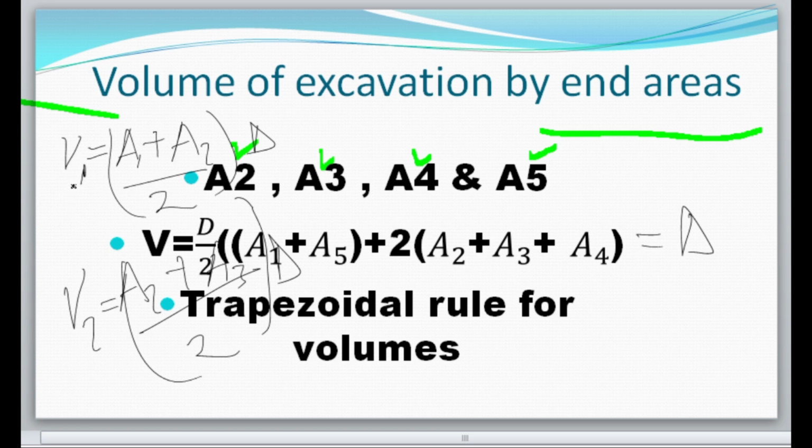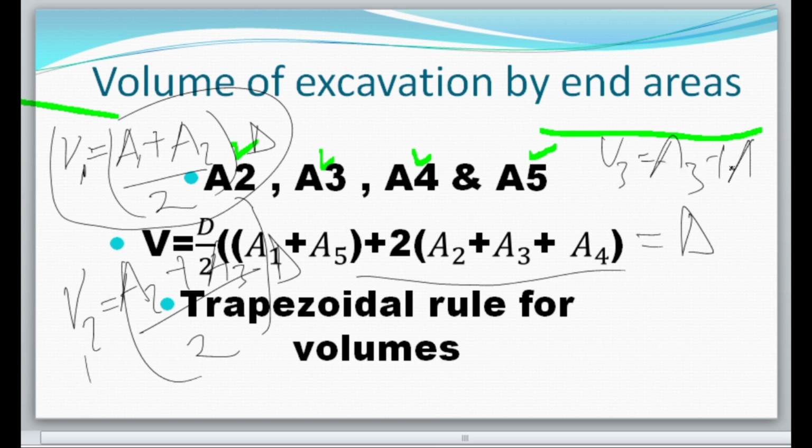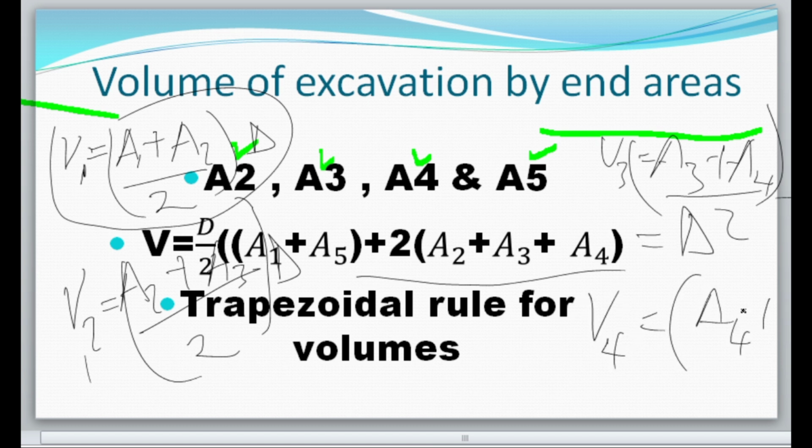You can do that for the first one, then for the other common ones you can use this, or you can just do them separately. So volume 1, volume 2, then volume 3 will be area 3 plus area 4 over 2 multiplied by d. Then volume 4 will be area 4 plus area 5 over 2 multiplied by d.